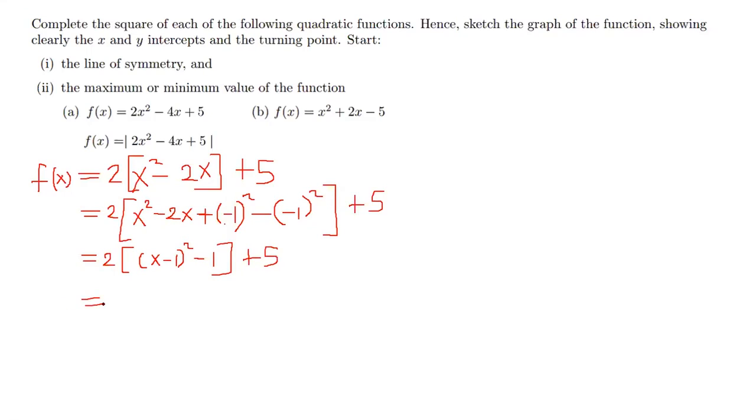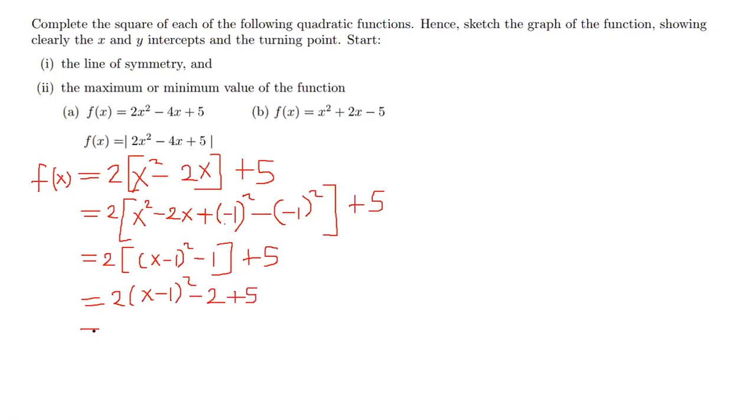And then what follows now will be opening the brackets. You multiply these 2 times this in the brackets there, you have 2, and then open the brackets, you have x minus 1 squared, and then minus 2 times 1, you get 2, and then you write your positive 5 outside like that.